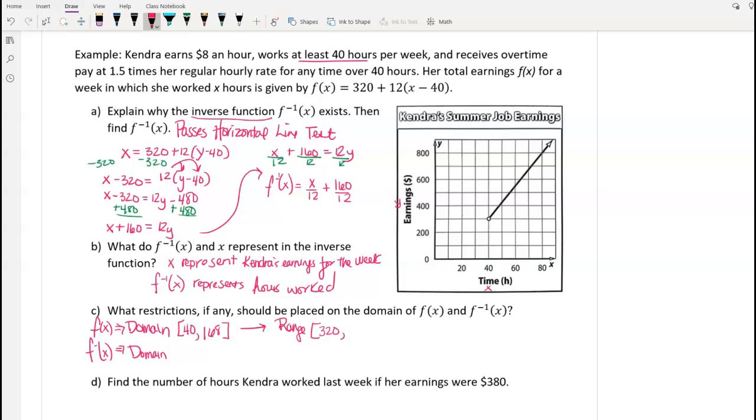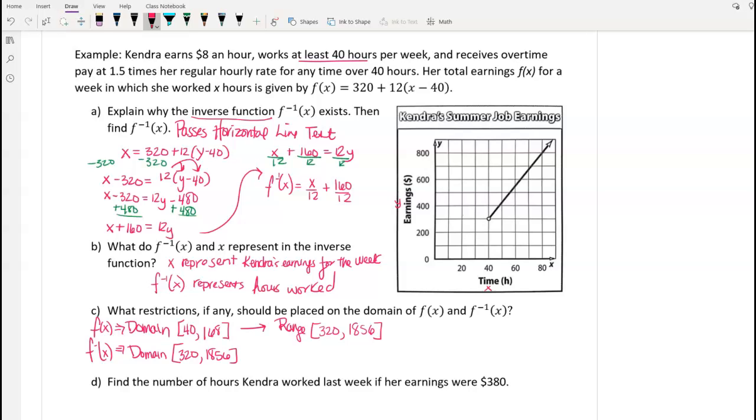But if she were to work every single hour of the week, she'd now earn $1,856. So remember, when we find the inverse of f, it flips our domain and range. So now our domain is 320 to 1856.